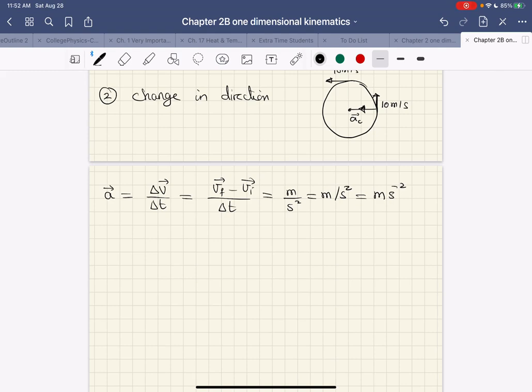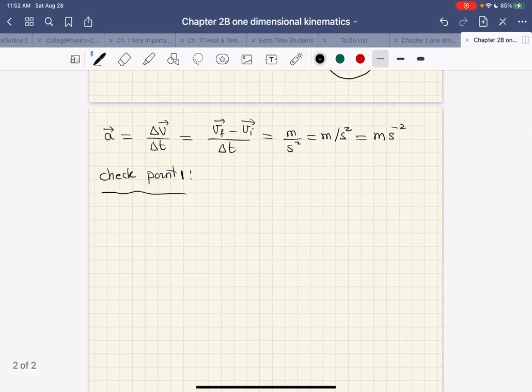Now, let's say I have a checkpoint here. I have an object that was starting from v initial equals 0 and reaching a final velocity that is 15 meters per second due west in 1.8 seconds.